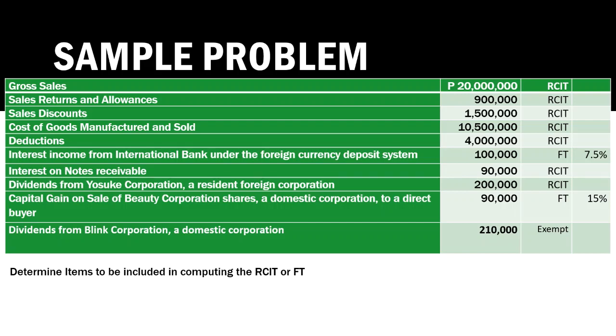So, the capital gain on sale of Beauty Corporation, a domestic corporation to a direct buyer. So, this is not a dividend but a sale of shares of stock. So, the capital gain on the sale is subject to final tax of 15%. Dividend income from dividends from Blink Corporation, a domestic corporation. Ito, subject yan sa actually exempt siya. Ayan.